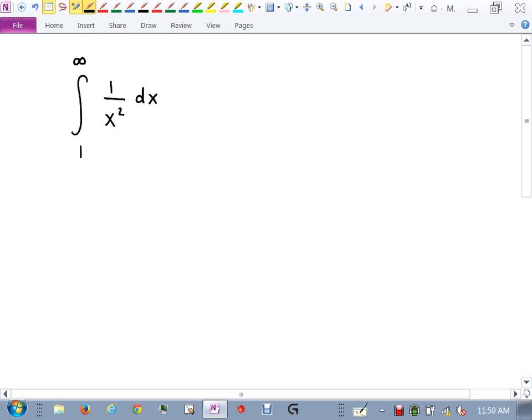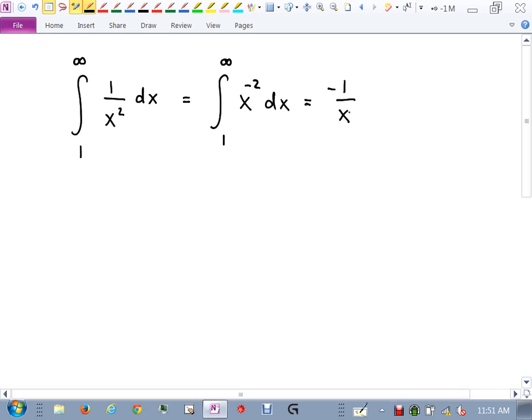So let's try it. Let's find the antiderivative. Well, to find the antiderivative, you just need to convert that over into x to the -2, right? Then use your power rule. The antiderivative of x to the -2 would be -1 over x, or -x to the -1.